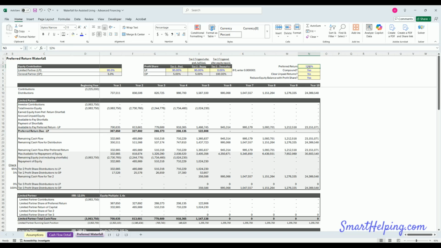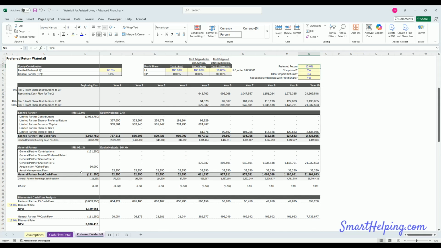Now, if they have upside here in tier 3, let's say you get 10% upside, it's 100, 100, and then you're giving them 10% after. Now the IRR is going to go beyond the pref, assuming there's enough cash flows to do that. So there's a lot of different ways you can play with these assumptions and inputs, and all this will impact the cash flows and equity multiples of the LP and GP.